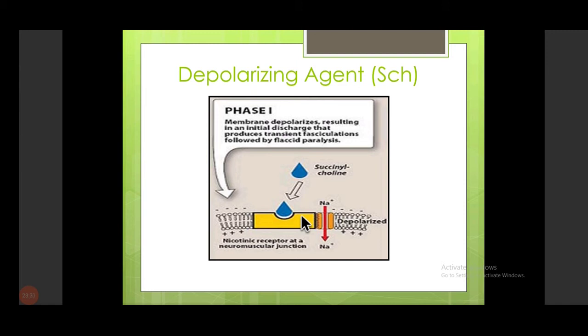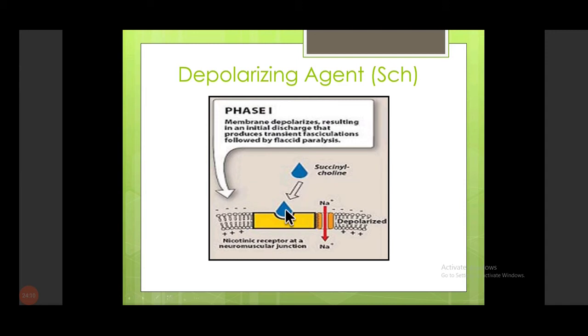In this case, the receptor recognizing succinylcholine would cause persistent depolarization. Now you would ask why persistent depolarization? Because succinylcholine, although it has a similar effect as compared to acetylcholine, whenever it is bound at the receptor site, is not degraded by acetylcholinesterases. Conventional acetylcholinesterases, which would degrade ACh, do not degrade succinylcholine.